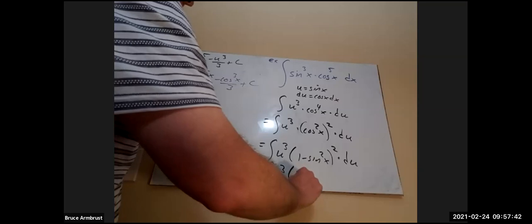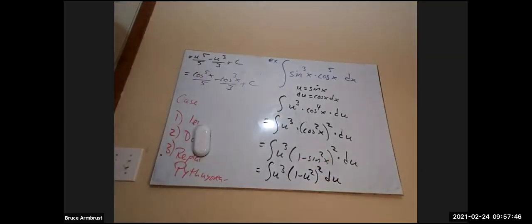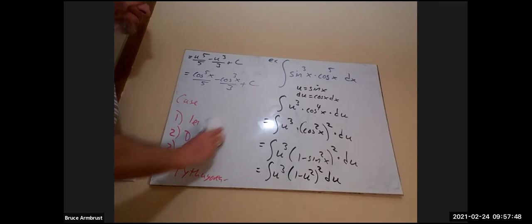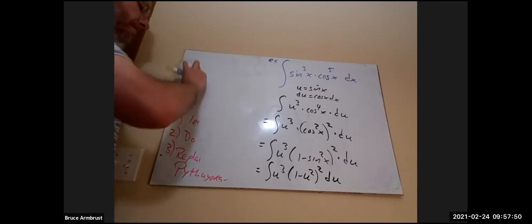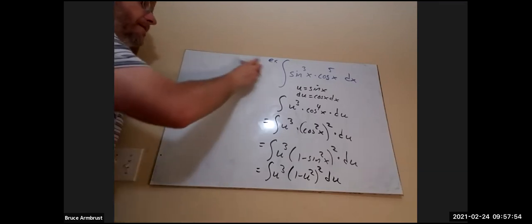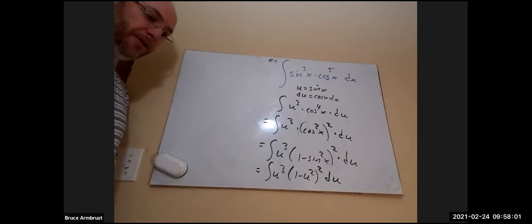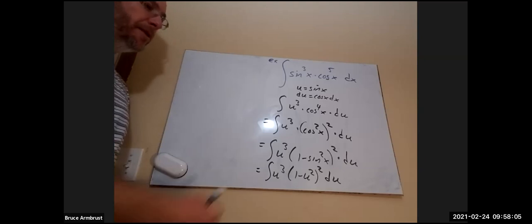This is u cubed times (1 minus u squared) squared du. Okay. Well, this is just a polynomial.